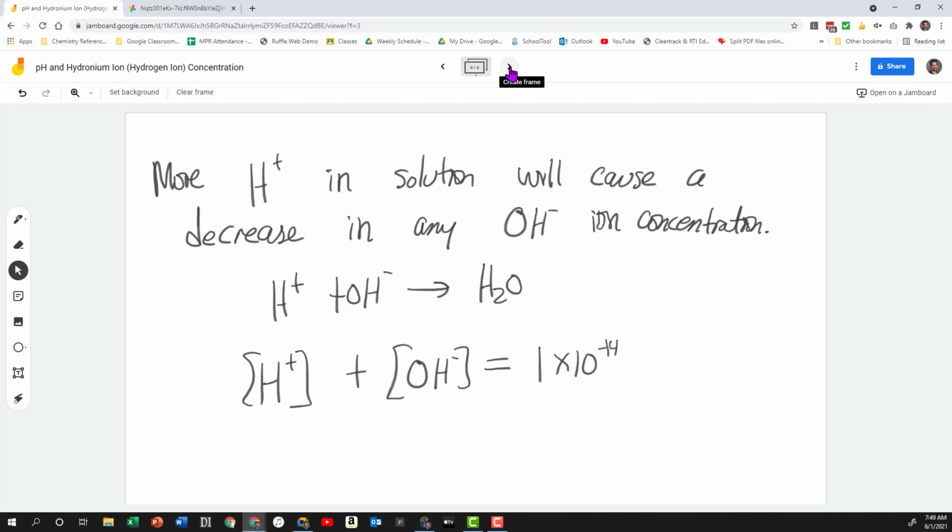Right, so for example, if we have an H plus ion concentration of 0.01, wait a minute, hold on a second. All right, so I screwed this up. It's multiplied, so these two are multiplied together.